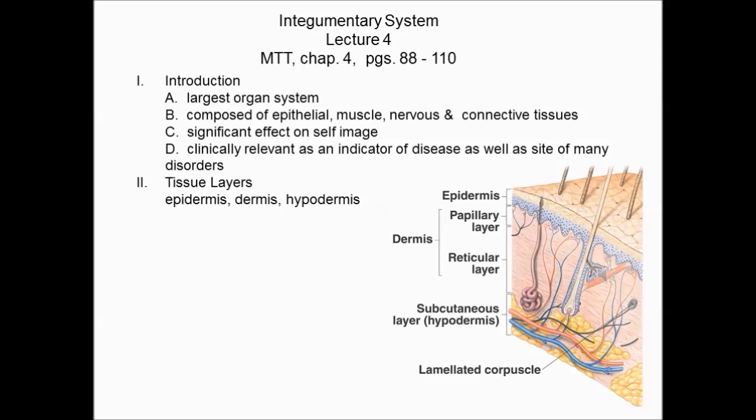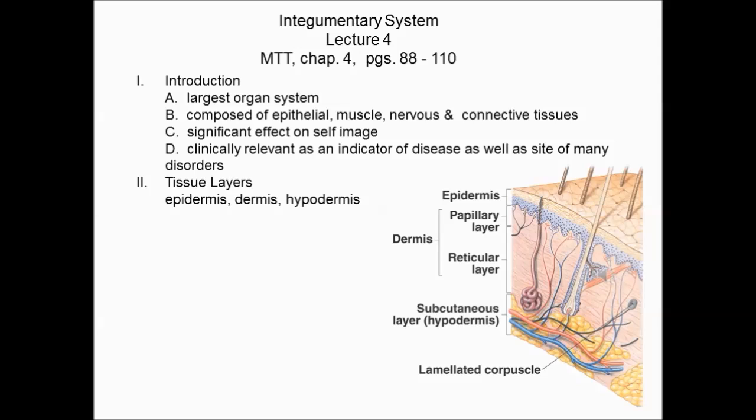Almost every tissue we've discussed, i.e. epithelial, muscle, nervous, and connective, has components within the skin. It is an organ, and it's also the largest organ, and it has very critical functions that you could not survive without. So it shouldn't be discarded as something not very interesting to discuss.